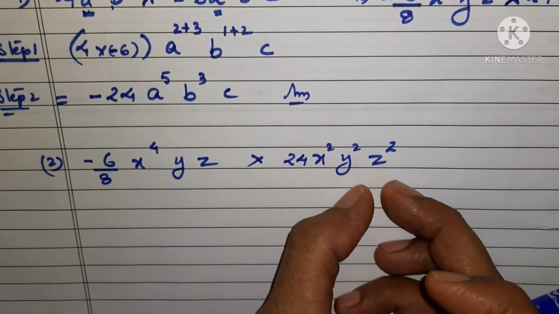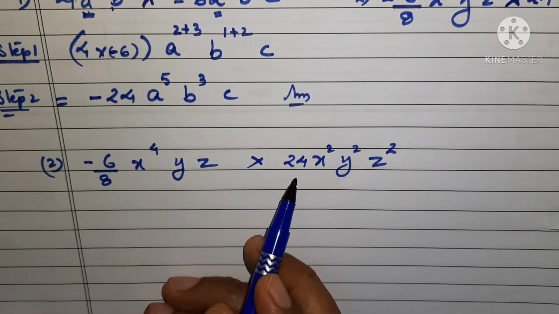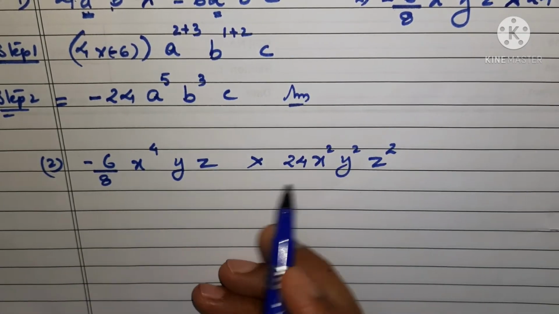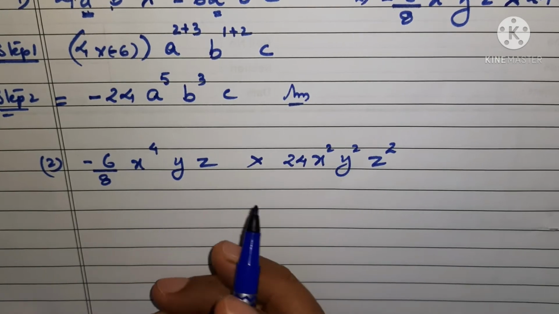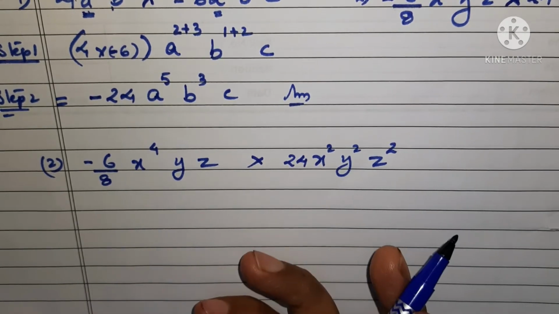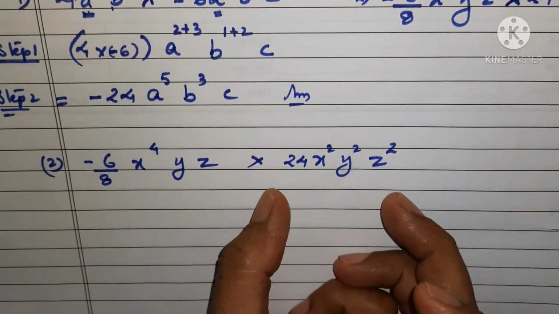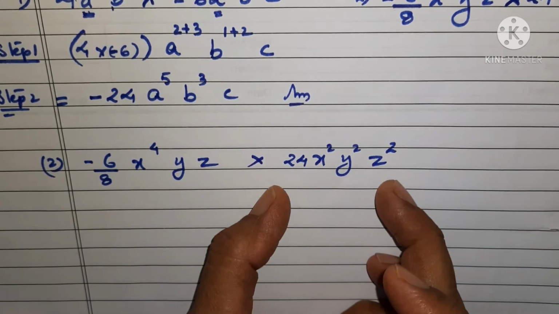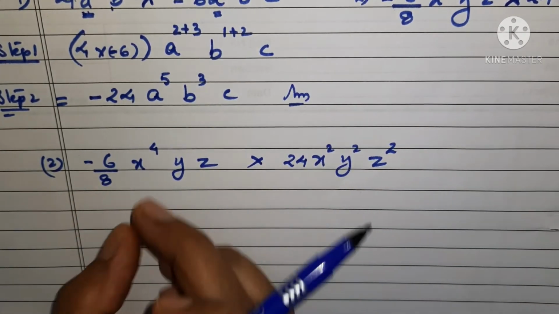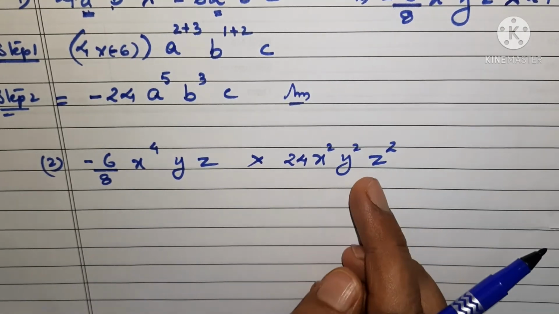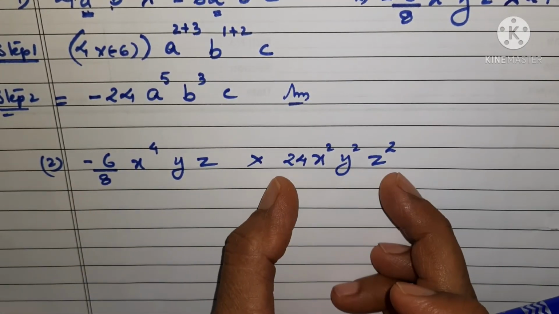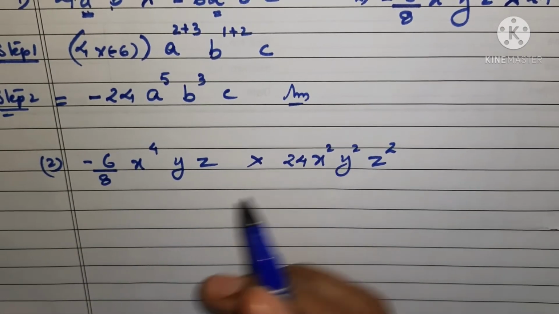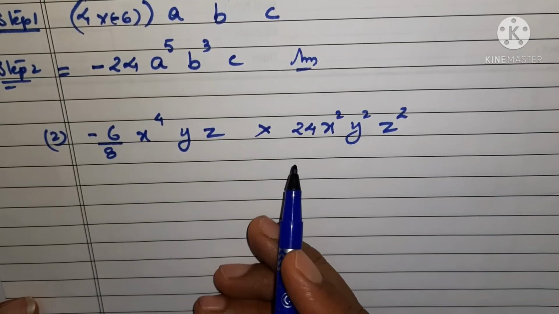Some spacing should be left so that it will be more clear to you and you will be able to solve the expressions very nicely and very properly without any confusions. Okay, so try to write neatly and clearly. ठीक है, लिखने के टाइम पे थोड़ा थोड़ा स्पेसिंग्स छोड़ के हमें लिखना चाहिए, so that कि हमारे सामने सब कुछ क्लियर हमें नज़र आए, so that कि हम उसे properly calculate कर सके.